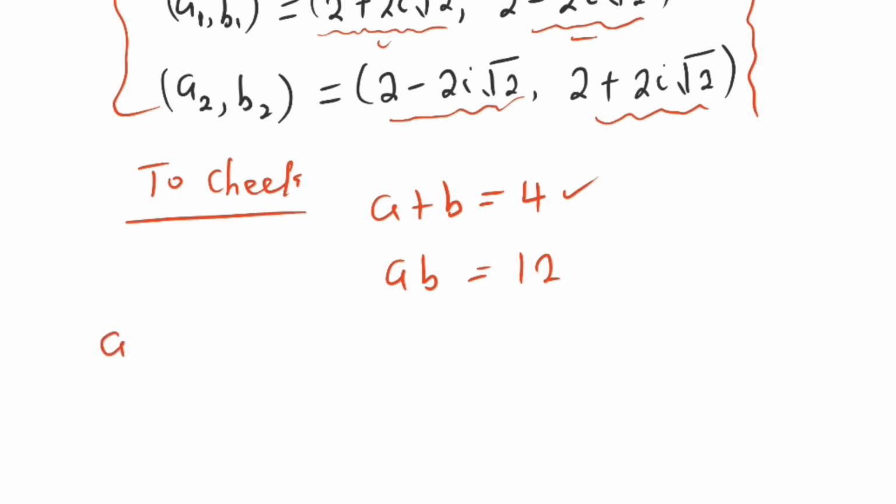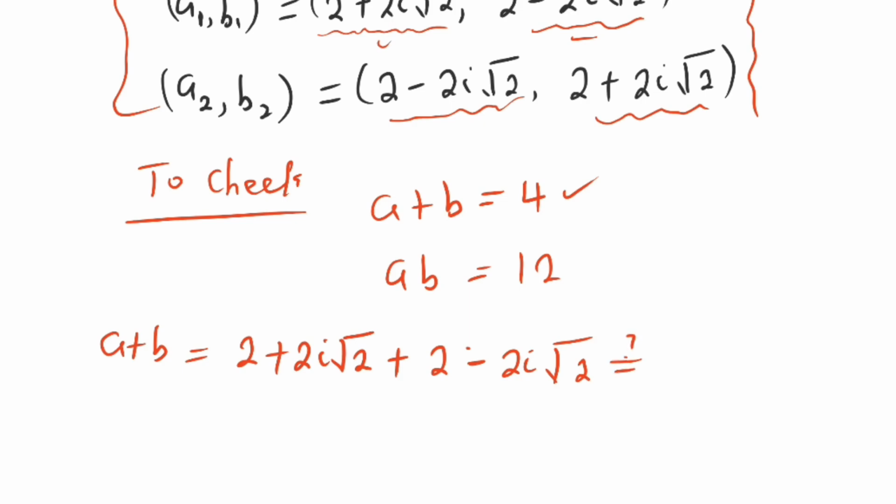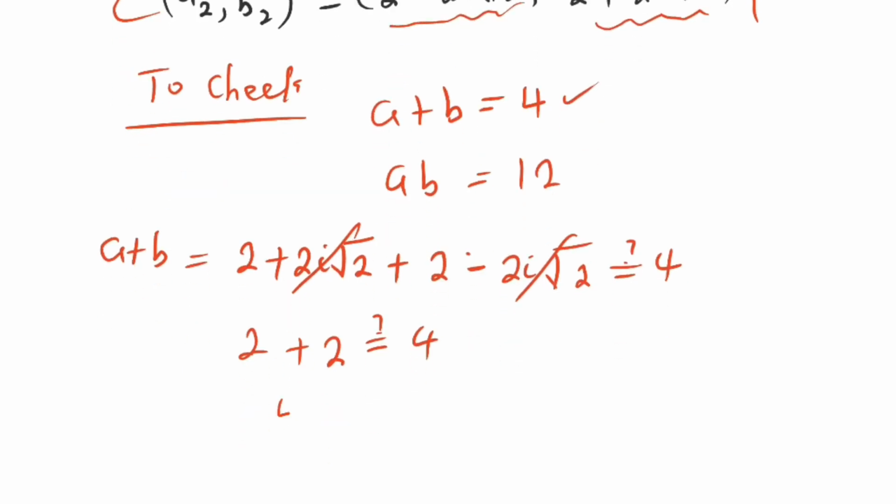So we have A plus B. This is 2 plus 2I root 2 plus 2 minus 2I root 2 must be equal to 4. This cancels this. Then we have 2 plus 2 must be equal to 4. 2 plus 2, this is 4, is equal to 4, which is true.